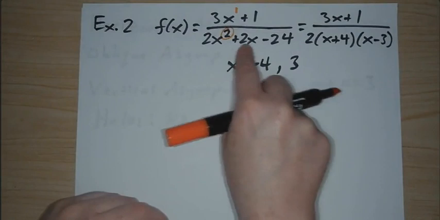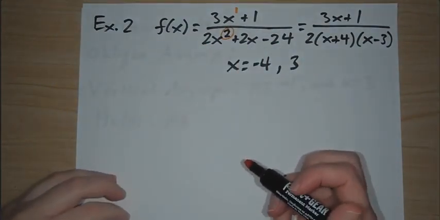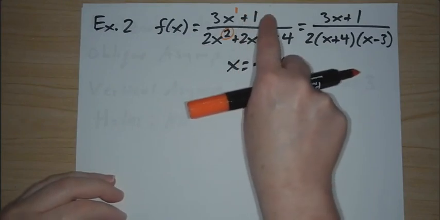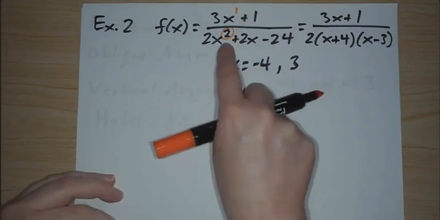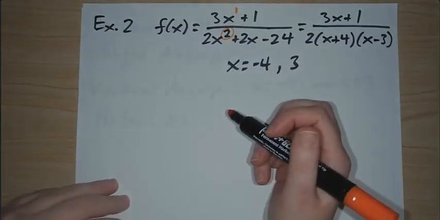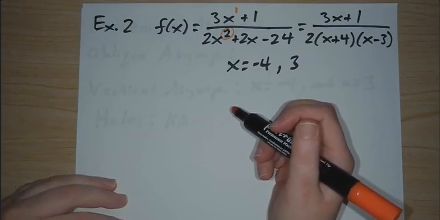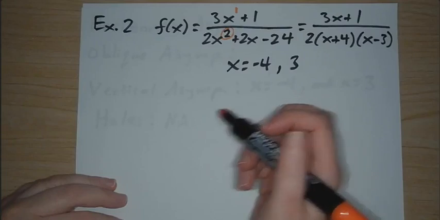It's the highest exponent of all the variables. So the degree of the numerator is smaller than the leading degree of the denominator. And essentially what that means is that we are going to have a horizontal asymptote at y equals 0.